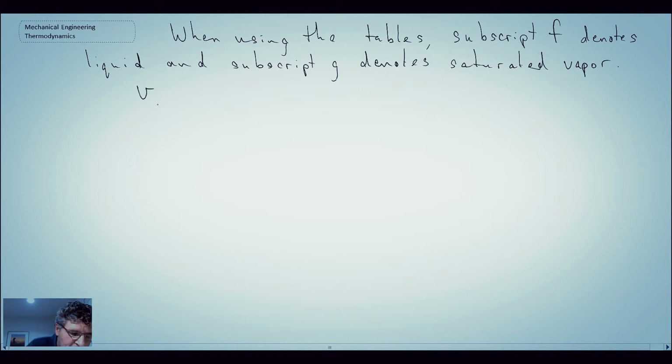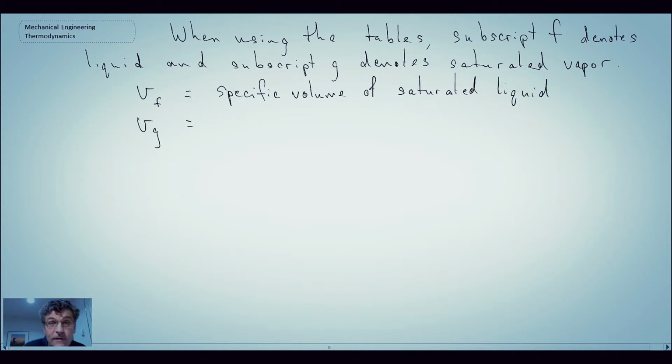So, for example, for specific volume, we had v subscript little f, that is the specific volume of saturated liquid. We had v little g, that's the specific volume of saturated vapor.